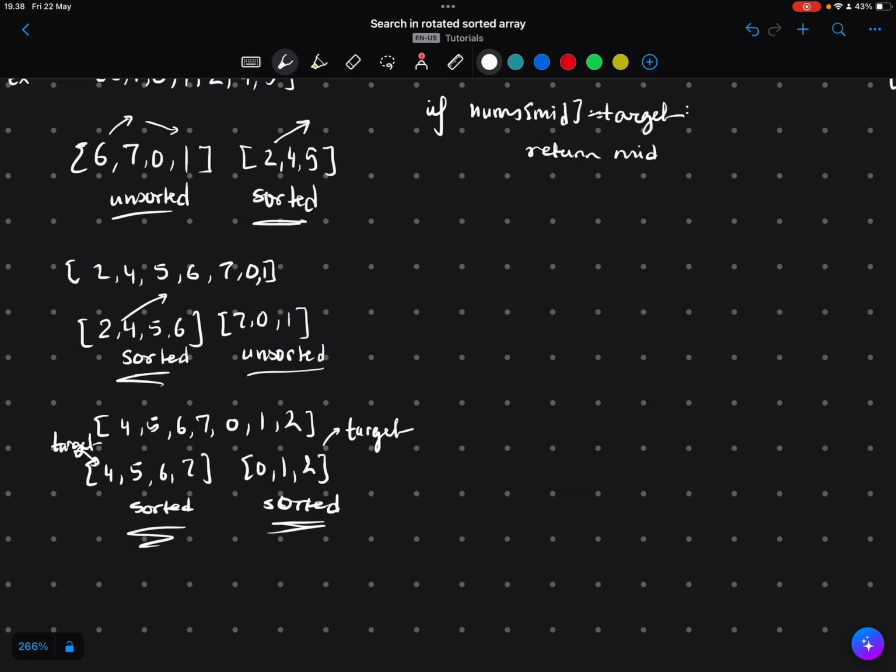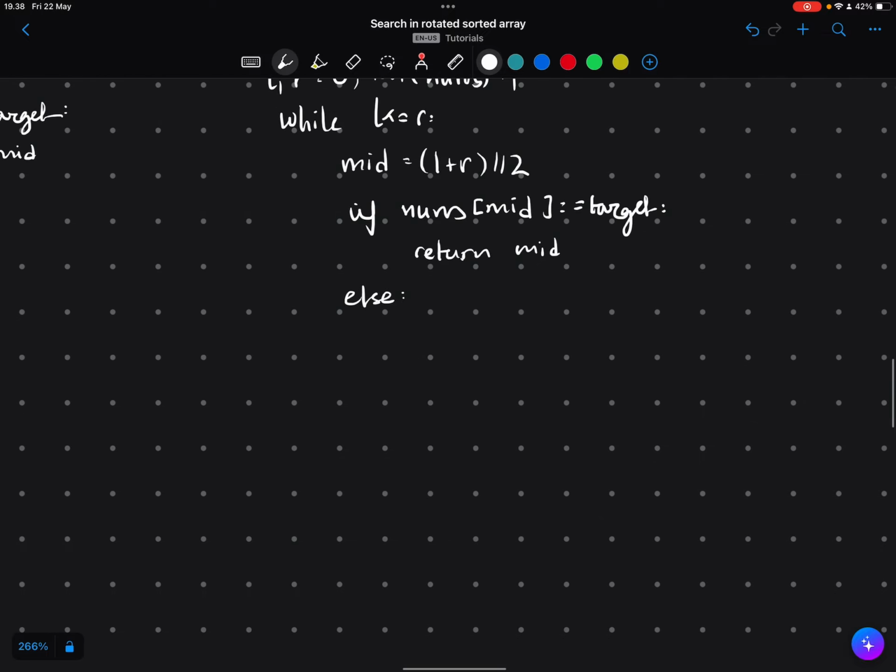But if we're given a sorted and an unsorted side, then we would always want to go into the sorted one, and we would again check for the target. If the target would be in these bounds, that's when we would go into that. Okay, I'll write this out in code so that it's a bit easier to understand.